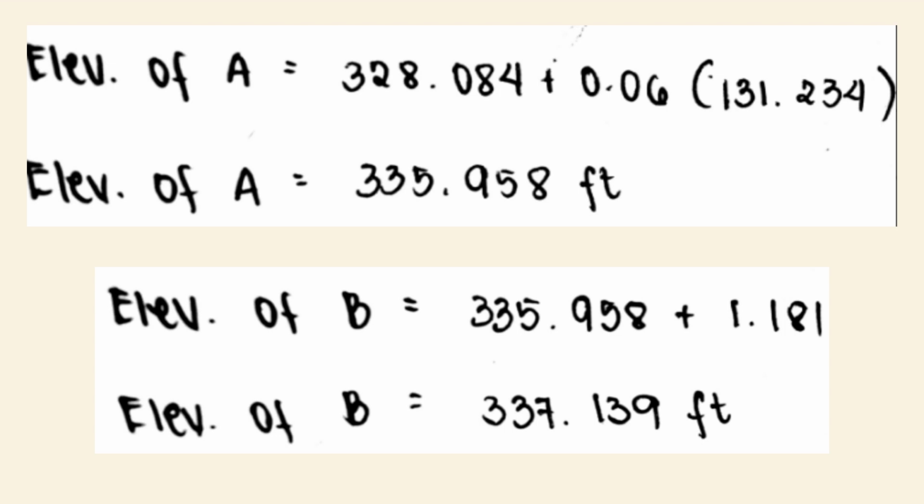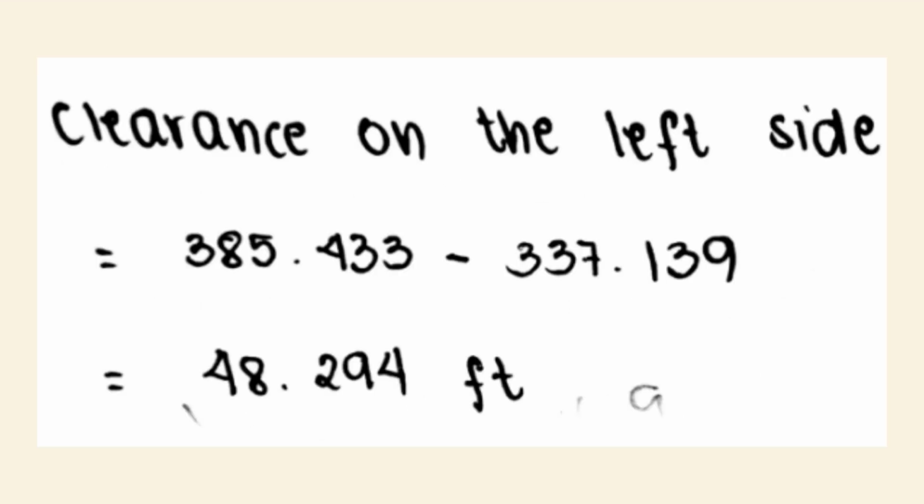Well, the elevation of B is simply the elevation of A plus the value of our y sub 1. So we have 335.958 plus 1.181. Thus, the elevation of B is now 337.139 feet.